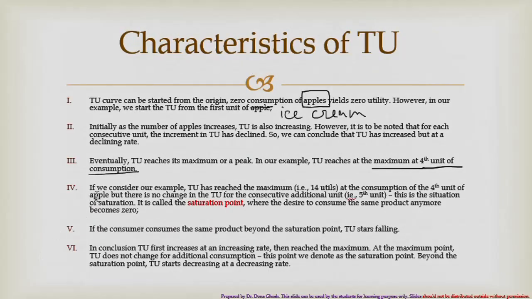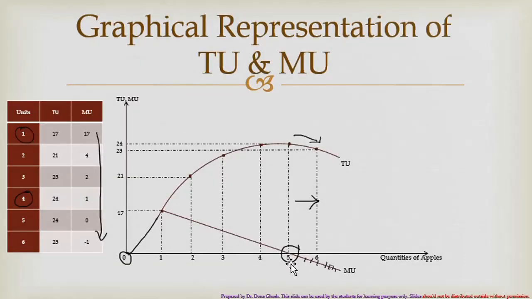If we consider our example, TU has reached the maximum and it is actually 24 units at the consumption of the fourth unit of apple, but there is no change in the total utility for the consecutive additional unit, that means the fifth unit. That also we can check. Yes, here we can see for the fifth unit there is no additional increment in the marginal utility.